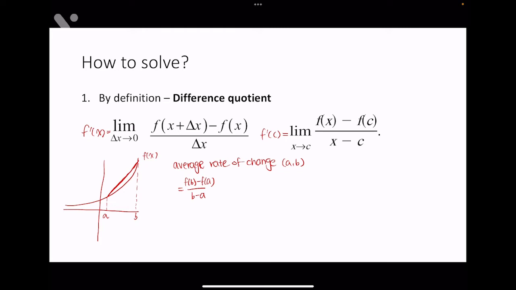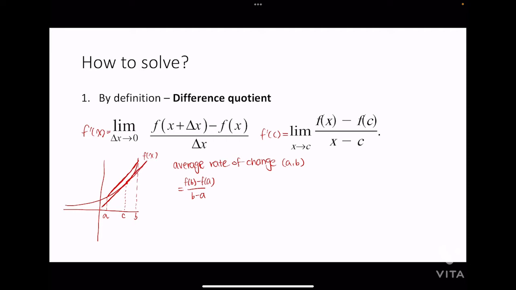So what we can know from this is that now if this point is C, and we want to find out the instant rate of change on this specific point C, we can find out the slope of this line, which is the tangent line that passes through point FC.